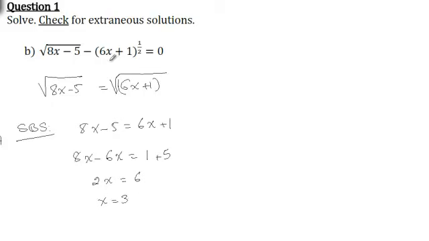Does it work here? Let's try. Radical 8 multiplied by x, which is 3, minus 5, minus, open bracket, 6 into 3 plus 1, all to the power half is equal to 0. We will check.